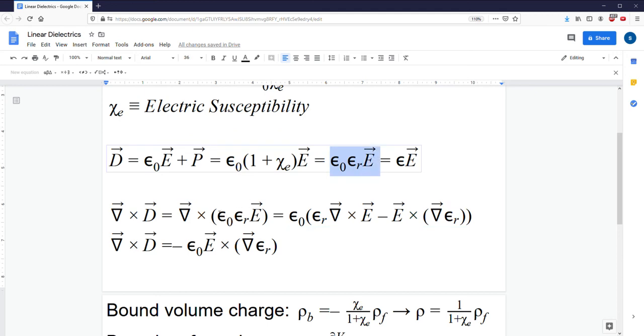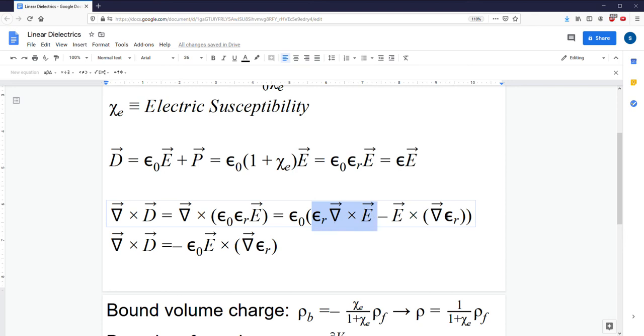Epsilon naught is a constant, so we can pull it out. And if you look at the front of the text, vector identity number 7 says that we can replace this with epsilon R times the curl of E minus E cross the gradient of epsilon R. Again, if we are dealing with the case of statics, the curl of E goes to 0, so this term goes away.